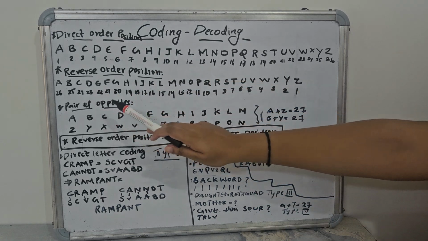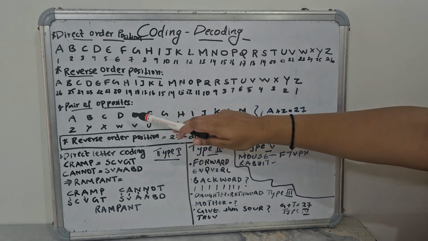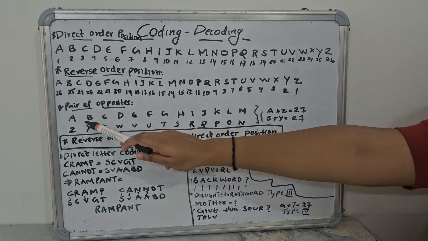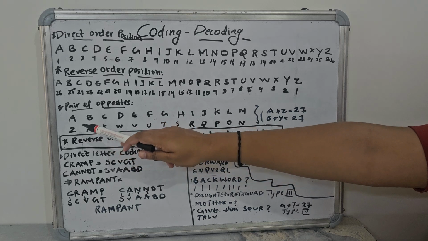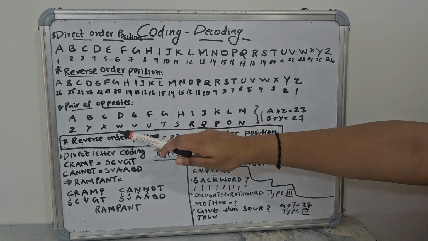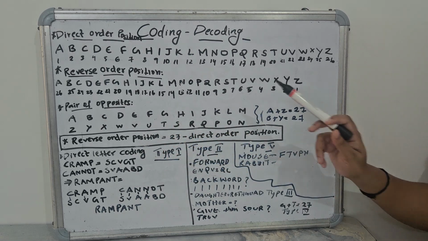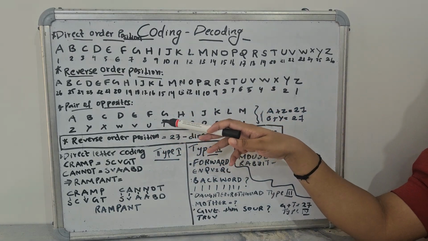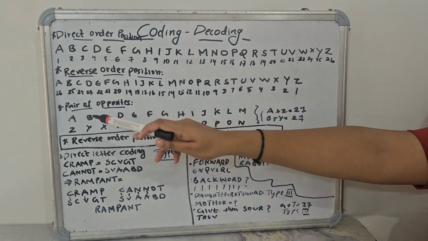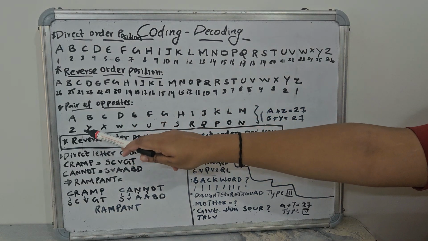Next is the pair of opposites. The alphabet which comes opposite is the pair of opposite. So A corresponds to the last alphabet, Z, B corresponds to Y, C corresponds to X, D corresponds to W and so on. What is the peculiarity of this pair of opposites? A and Z, when you take the sum, will be 27.